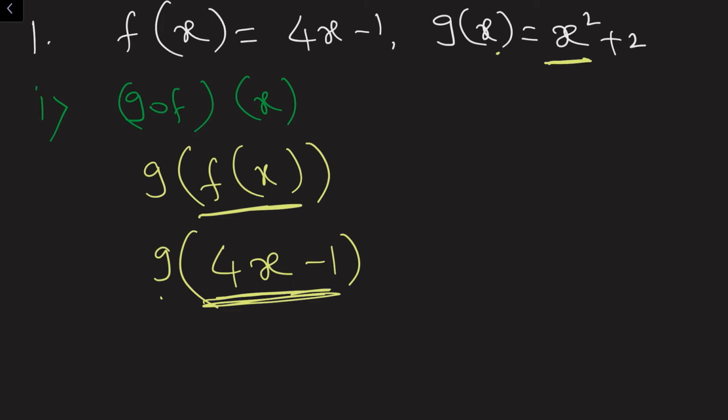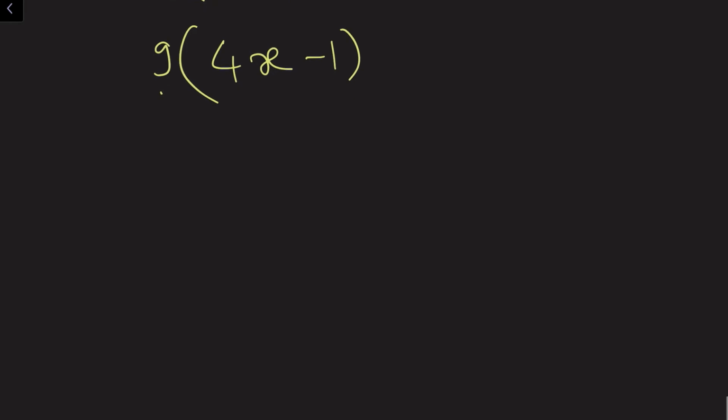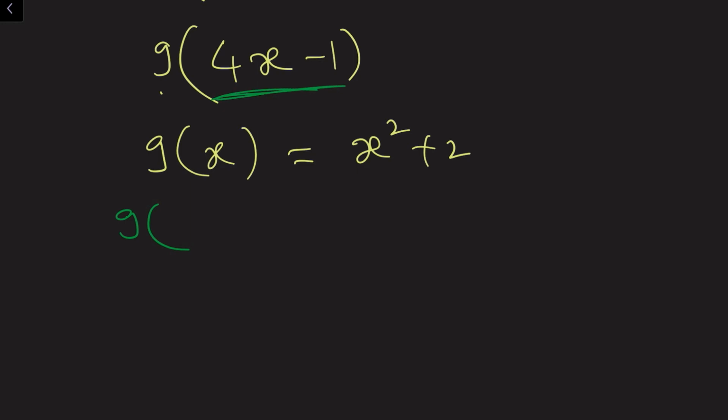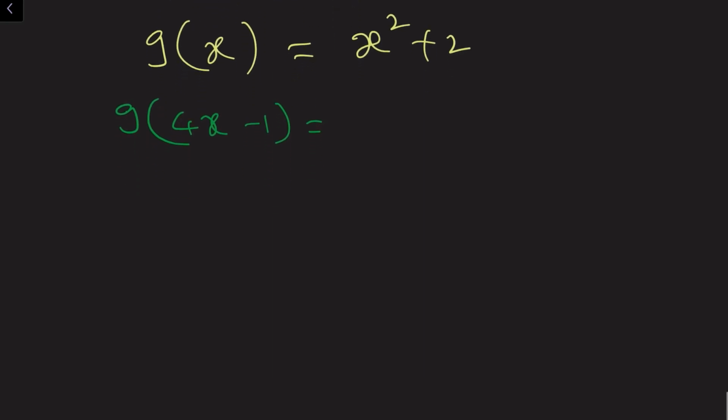Let us check now. We have g of x is equal to x square plus 2. Now we want the value of g of 4x minus 1. So it's very simple. In the place of x, we need to substitute 4x minus 1.